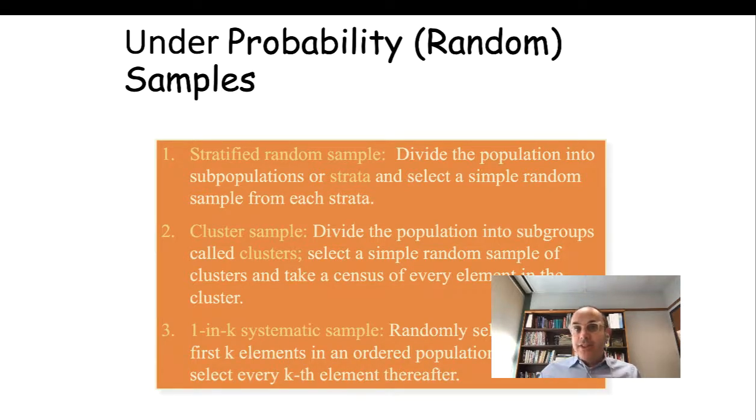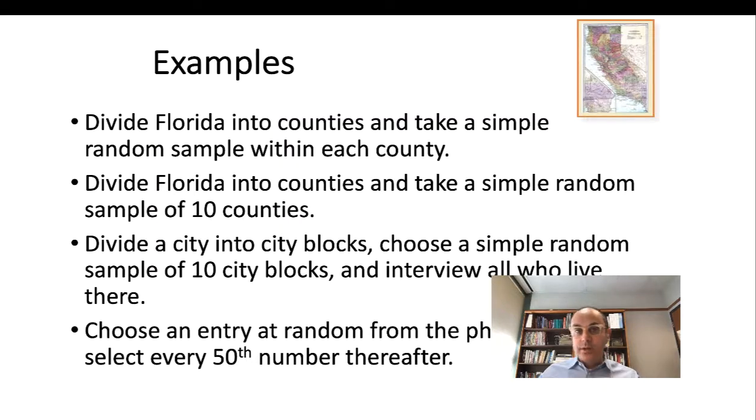Again, there is a methodology, there is an idea behind it. In a systematic sample, we randomly select one of the first k elements in the ordered population and then select every k-th element afterwards. So again, a structure that can be repeated.